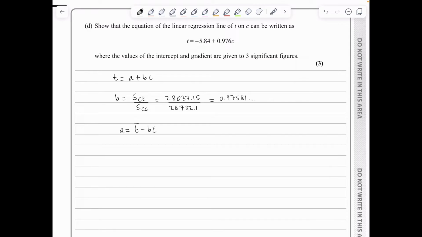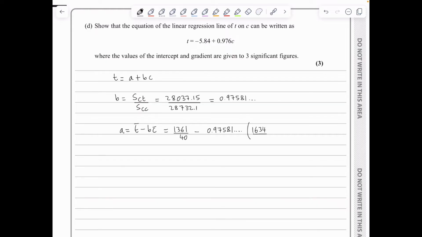whereas the y-intercept a is given by t bar minus b c bar. Now t bar is the sum of the t's, which is 1361 divided by n, which is 40, minus the value of b, which is 0.97581 dot dot dot, times the mean of c, which is 1634 over 40.